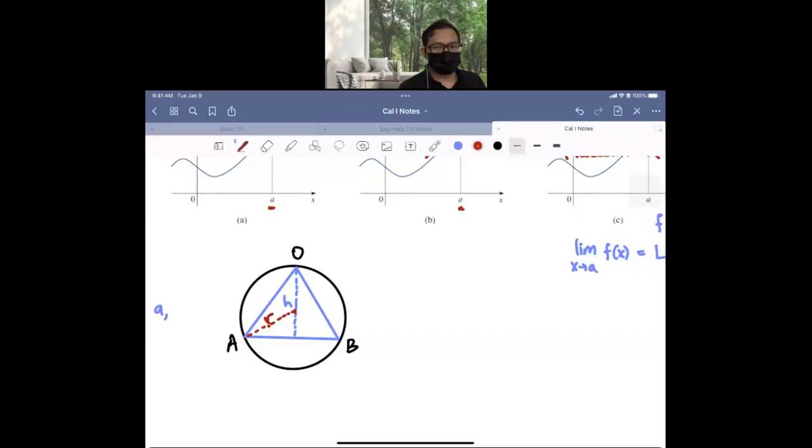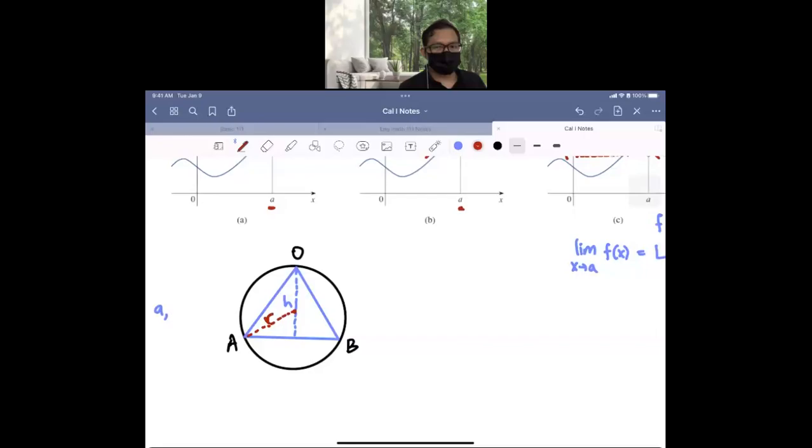So we have a circle, and we have a triangle inside. But let's imagine this triangle has three sides, right? Let's call it a polygon. Let's make these sides increasing.